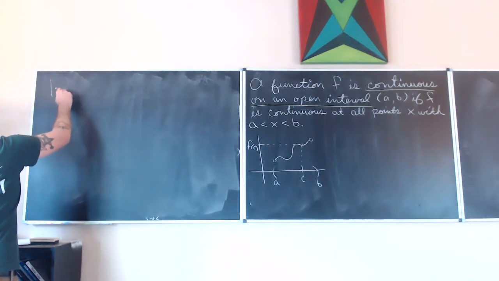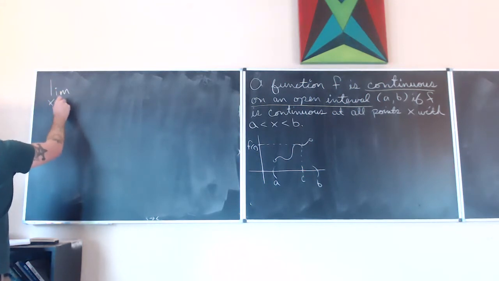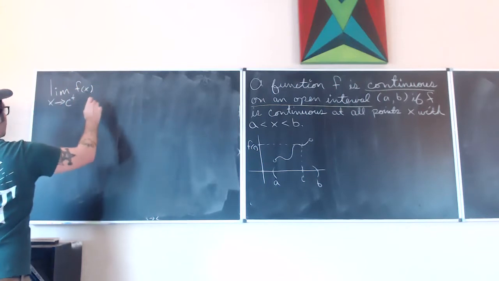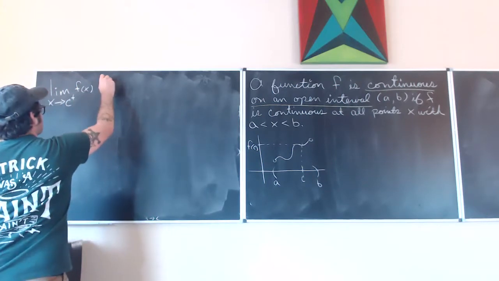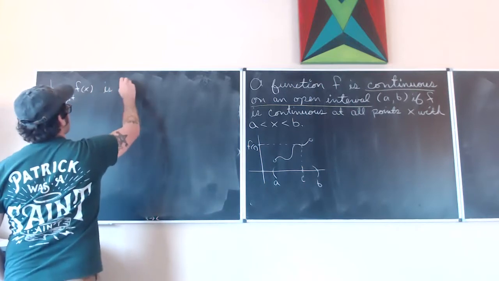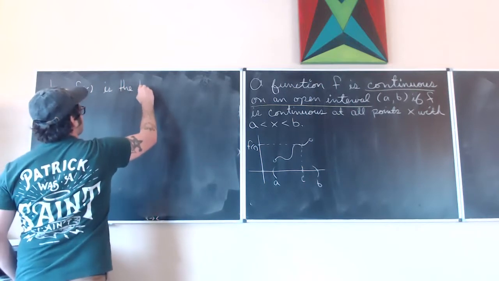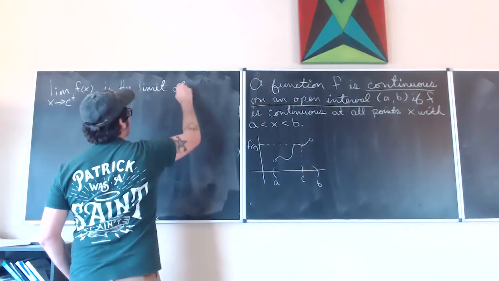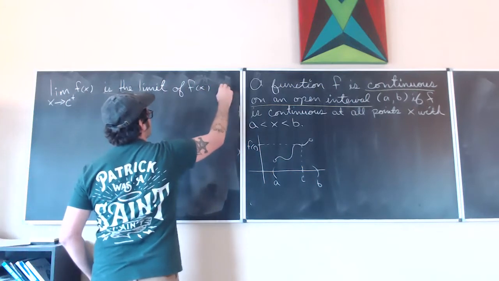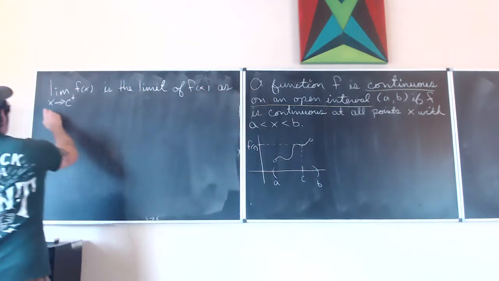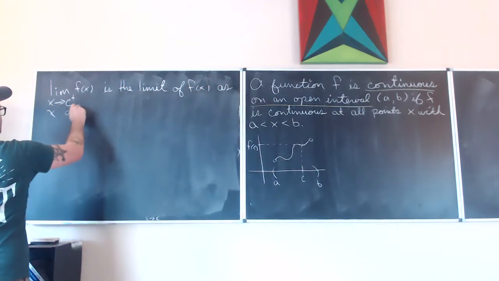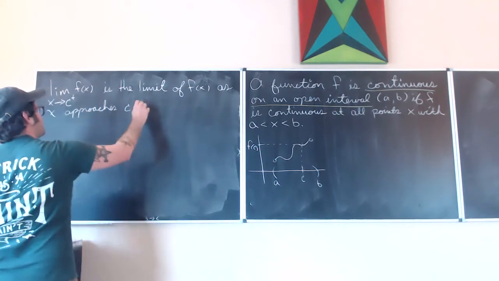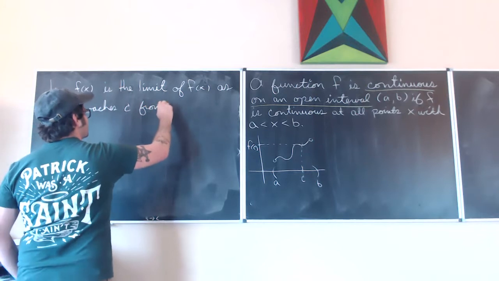The limit as x approaches c plus of f of x is the limit of f of x as x approaches c from the right.